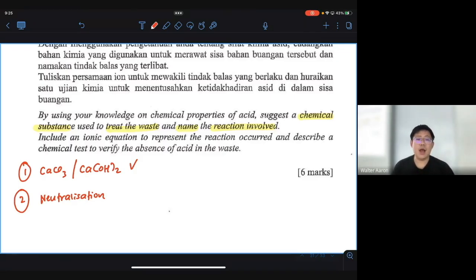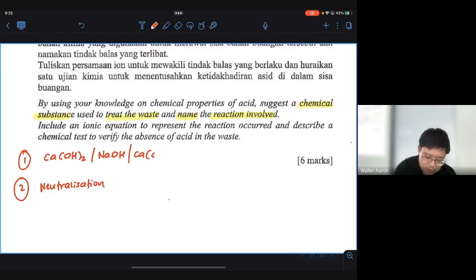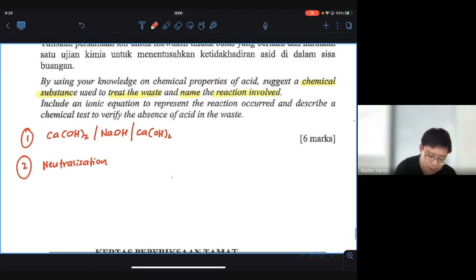Then include an ionic equation to represent the reaction that occurred. Assuming we use a base to make your life easier, I can use sodium hydroxide, calcium hydroxide, anything. Your ionic equation is very simple.